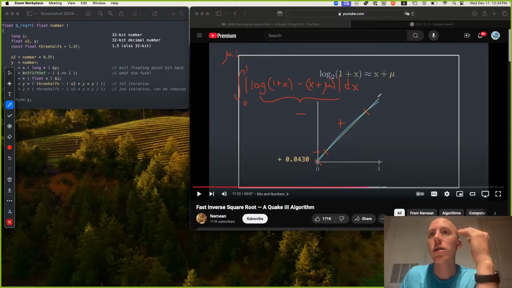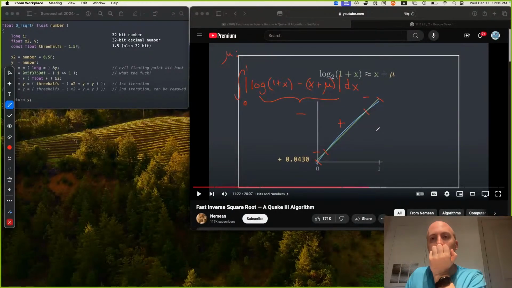And then from here to here, it's going to be negative again. So I don't know if you need an absolute value. I think if you just sum all these up, you just want to get the number that's closest to 0. You want to minimize this.